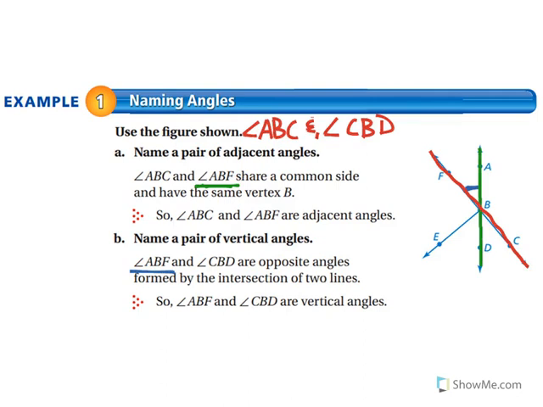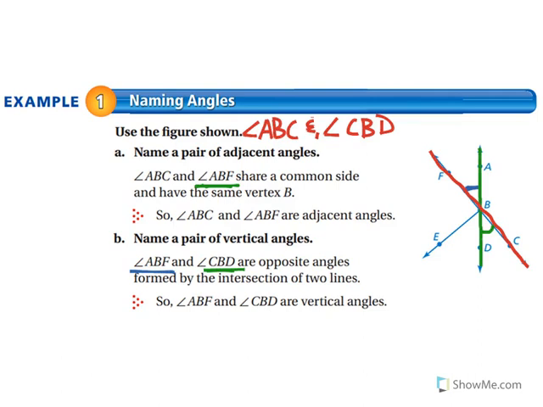Not very good, I know. So I see that ABF is an acute angle. The other angle that is acute, there's only one of them, and it's right over here. That's angle CBD. So these two are on opposite sides of the angles. They share a common vertex. They are congruent. Therefore, they are vertical angles.